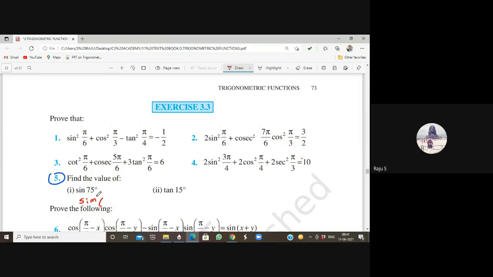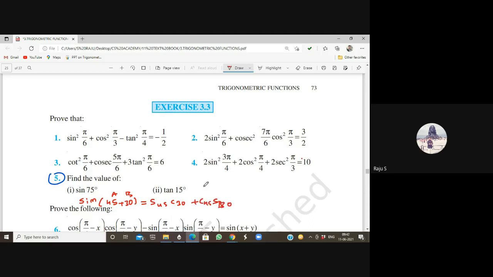Don't write 60 plus 15 or 90 minus 15, because we don't know the 15 value. But it can be written as 45 plus 30, so with known angles we can apply the sine A plus B formula. This is equal to sine 45 cos 30 plus cos 45 sine 30. We know all these values.